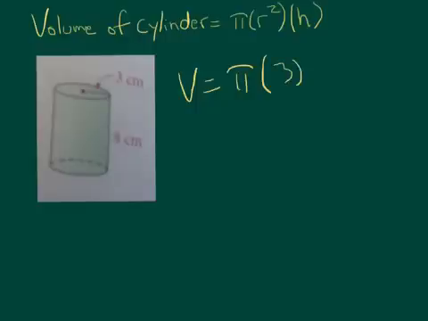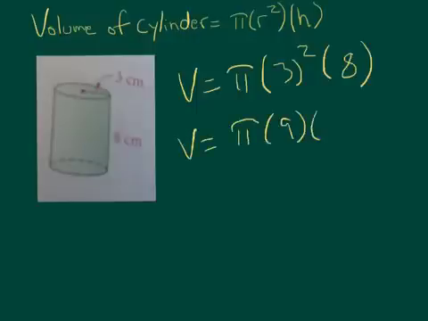So 3 squared times the height, which is 8. So volume is equal to pi times 9 times 8, or 72 pi. So it's the same in theory as the volume of a prism, just this one deals with pi r squared.